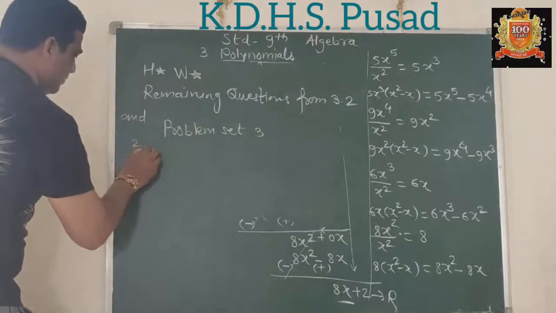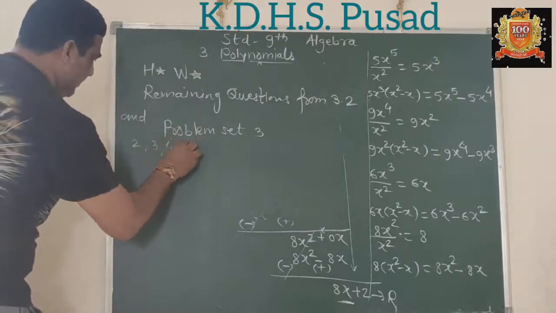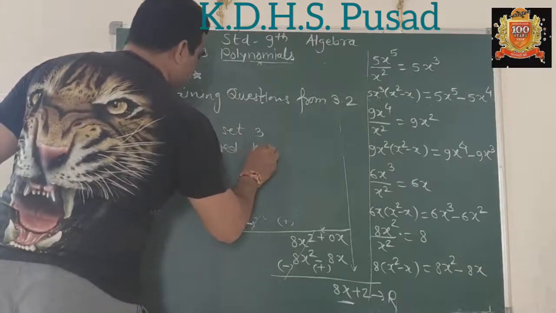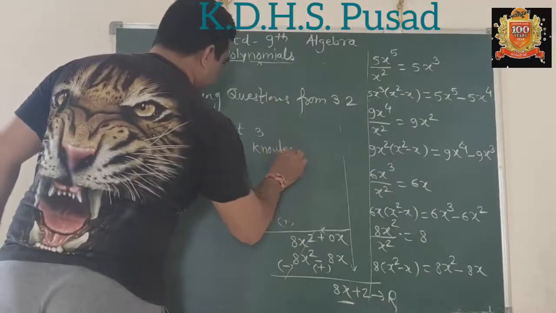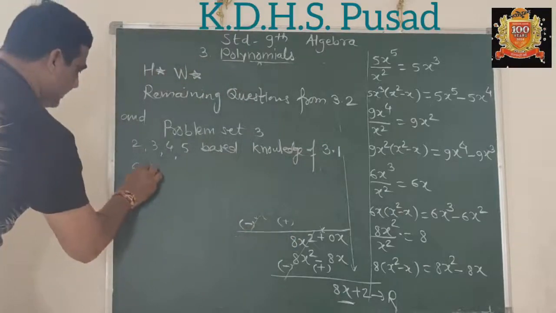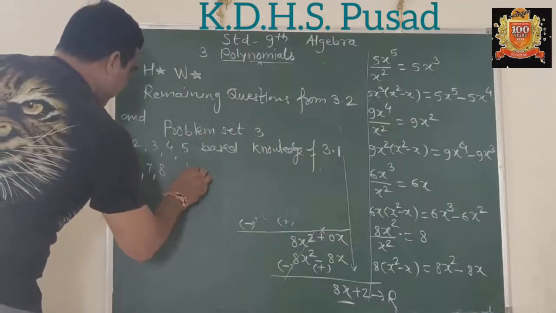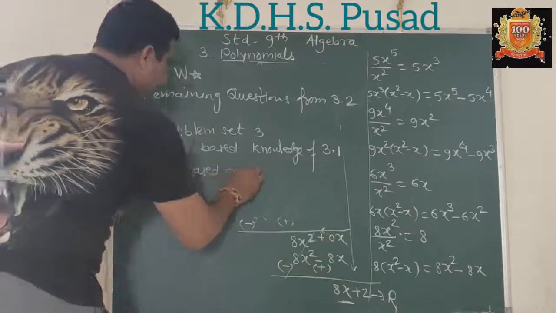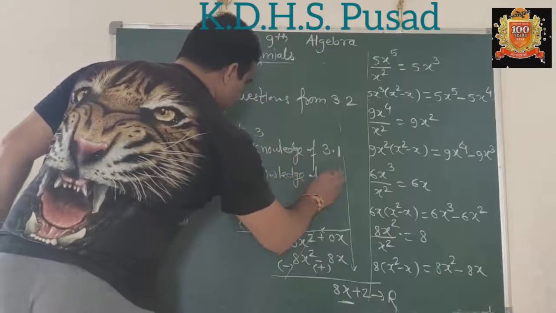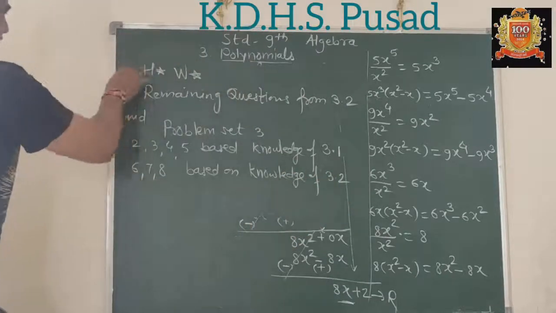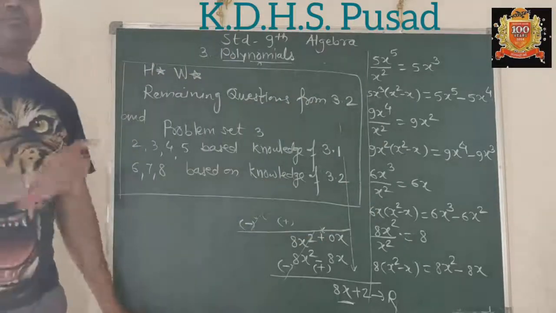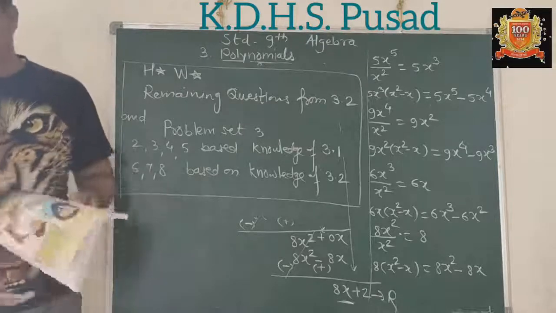Question number 2, 3, 4, 5 based on knowledge of 3.1. Question number 6, 7, 8 based on knowledge of 3.2. So these are homework. That is your homework. Okay? Homework, you have to perform their practice. And then we will continue from here to the next.